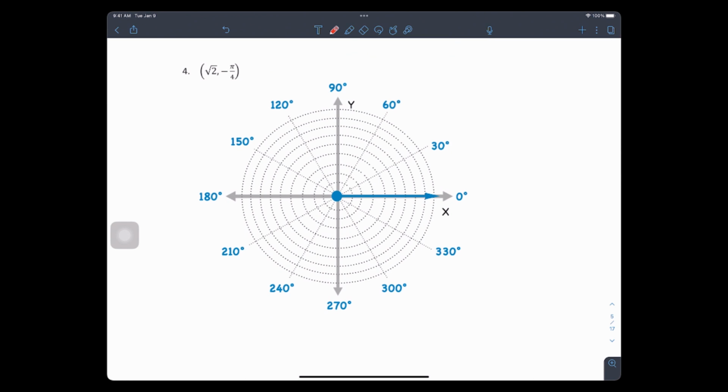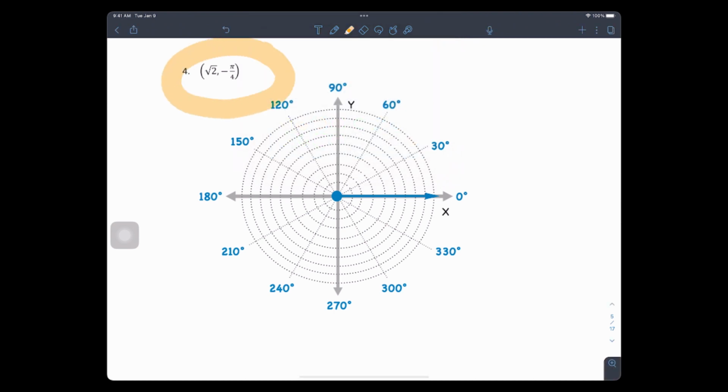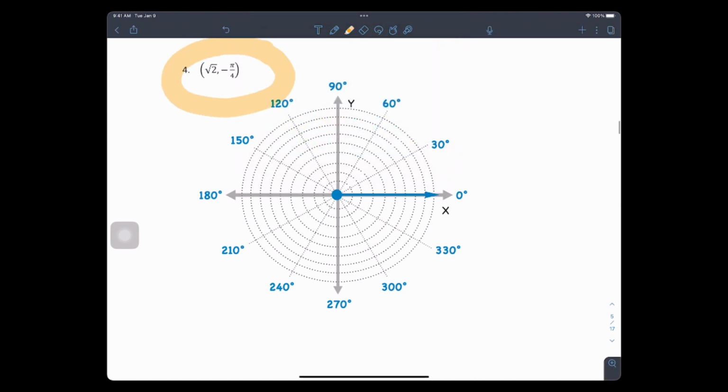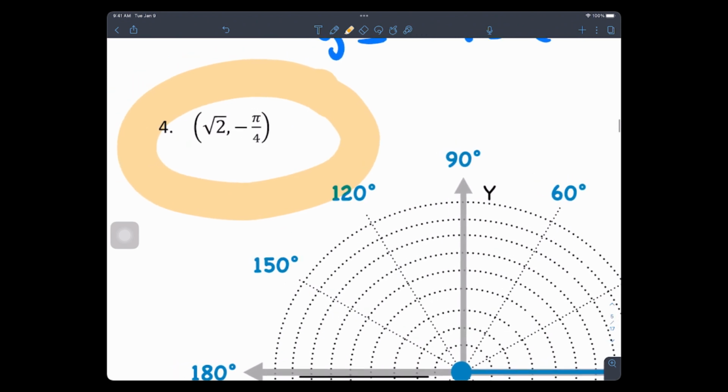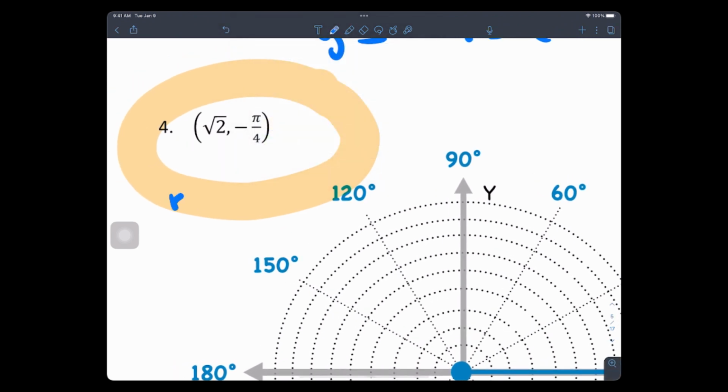You know, like look at this one, right? You say, what is this? What quadrant is this polar coordinate in? Right? R is the square root of 2. What's your angle theta? Isn't that minus pi over 4?